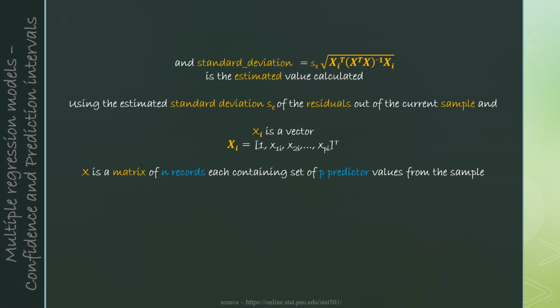And standard deviation given by SE multiplied by square root of xi transpose multiplied by X transpose multiplied by X whole inverse multiplied by xi is the estimated value calculated using the estimated standard deviation SE of the residuals out of the current sample, and xi is a vector given by xi equals 1, x1i, x2i, and so on xpi transpose, and X is a matrix of n records, each containing a set of p predictor values from the sample as shown below.